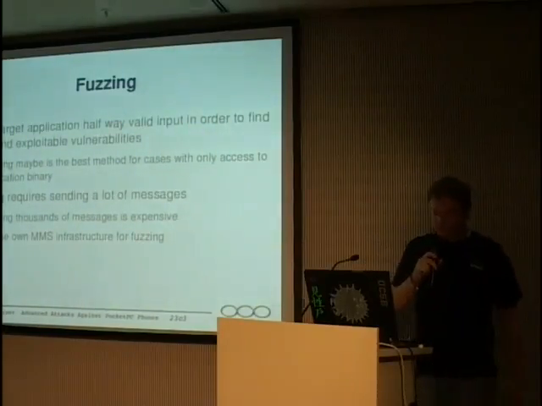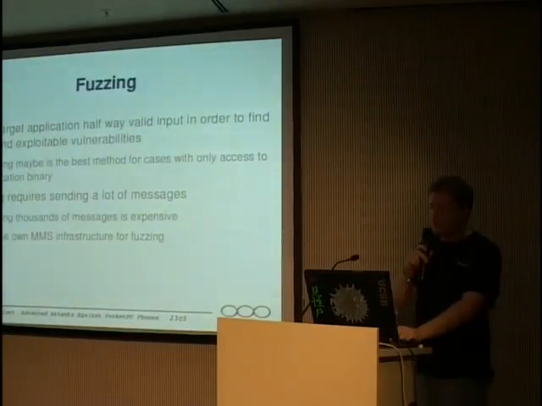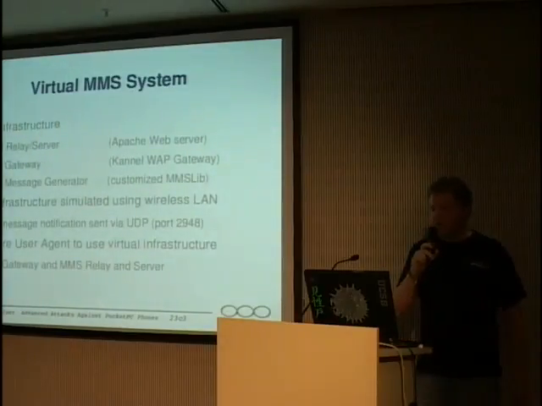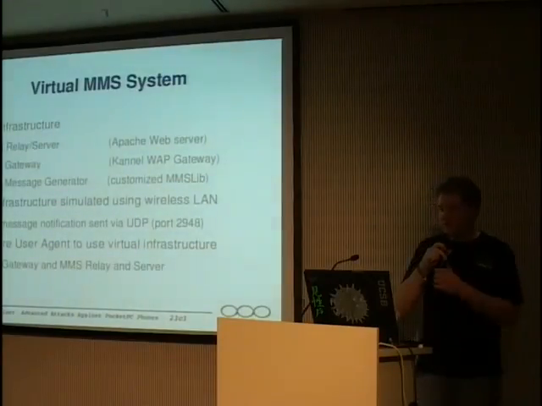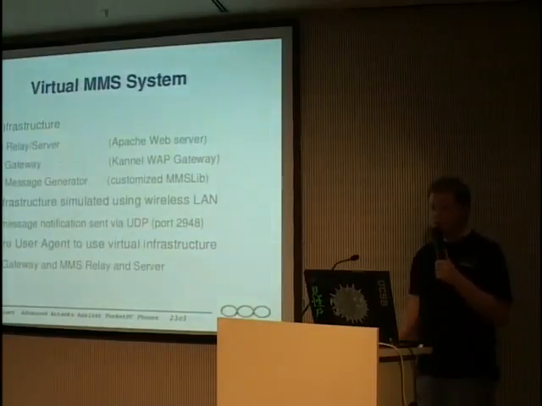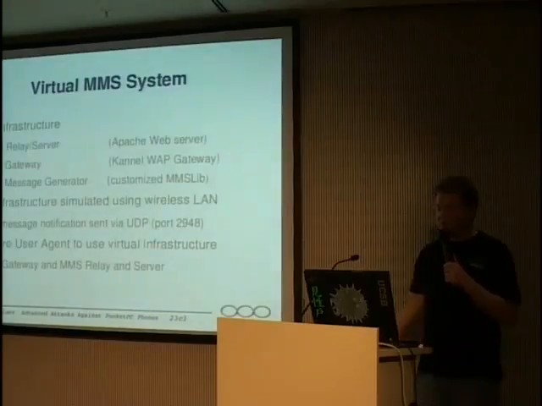But as I said, we can abuse the UDP port thing on Pocket PC to build our own virtual MMS infrastructure. So you basically take some web server. I took Apache, a web gateway, and something to generate MMS messages. You can configure in your Pocket PC phone: use a wireless LAN interface for MMS, use this server, this IP, this port.